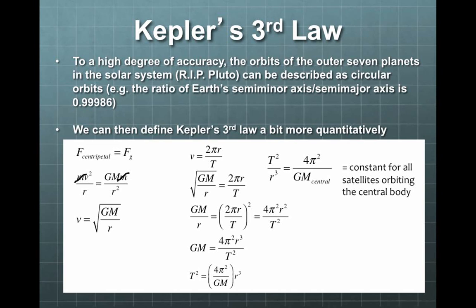So I could then give you the period of Earth, for instance, the average orbital radius of Earth about the Sun, and then I could give you the period of Mars's orbit, and then ask you to find the radius of Mars's orbit. Or I could give you the two pieces of information for Earth, and then give you the radius of Mars' orbit, and then ask for the period.